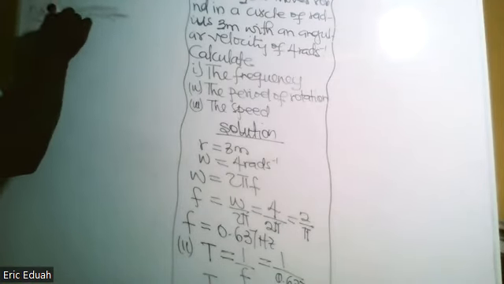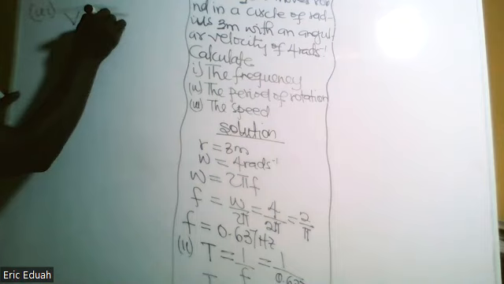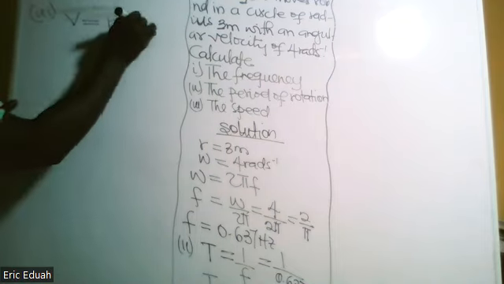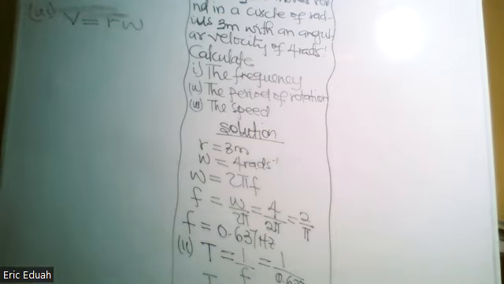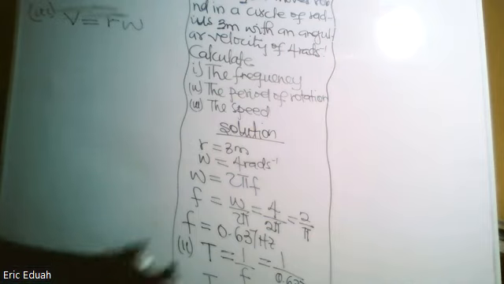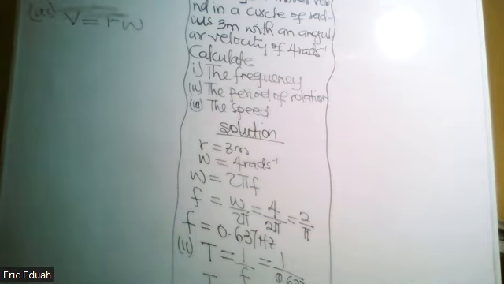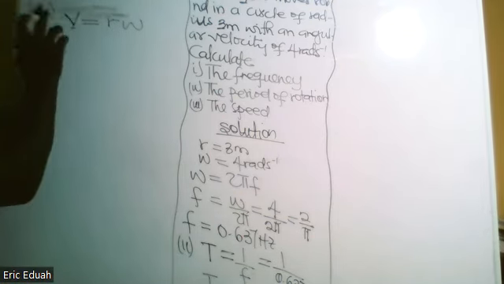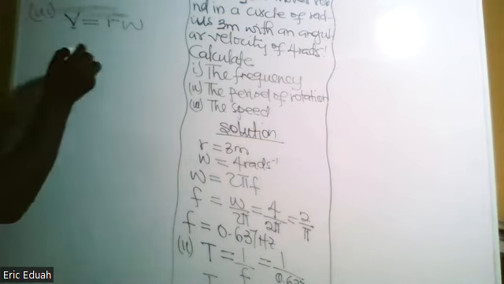So v is equal to radius times angular velocity. We have the radius, we have the angular velocity. So it's a substitution thing. And this establishes the relationship between linear velocity and angular velocity.